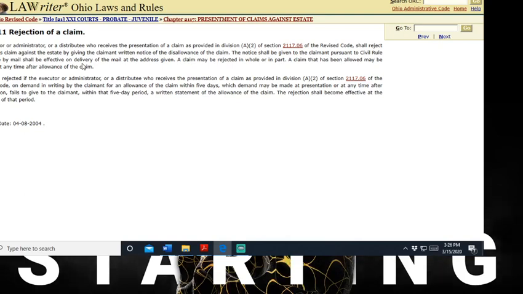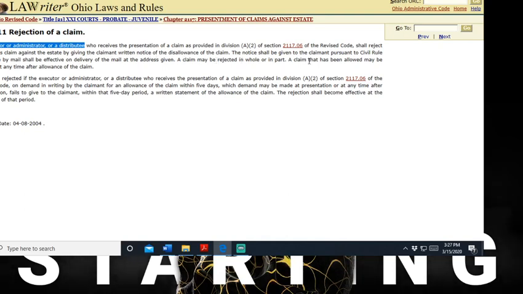An executor or administrator or a distributee, these are all trust terms, who received the presentation of a claim as provided in A2 of the section of the BEYS Code shall reject a creditor's claim against an estate by giving the claimant written notice of the disallowance of the claim.